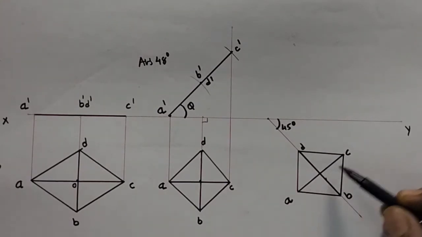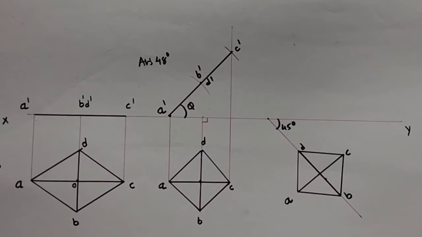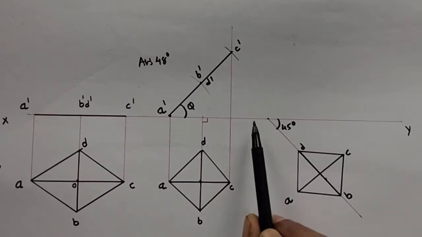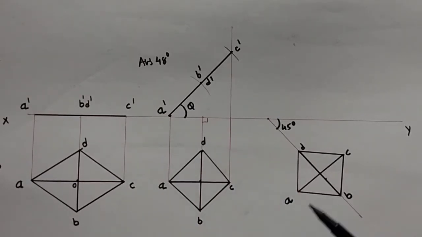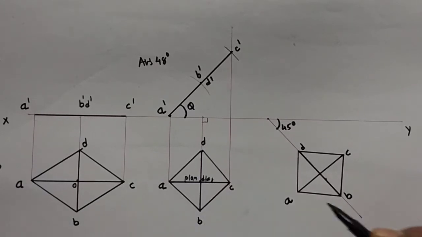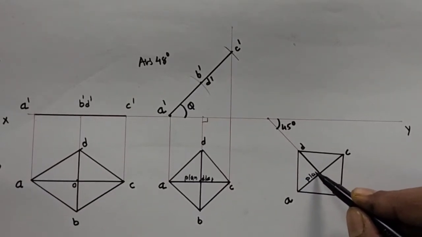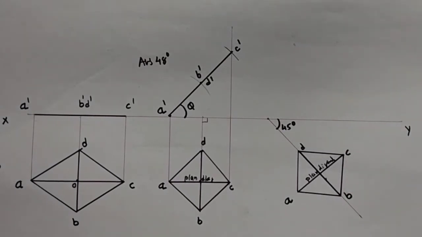Your plan diagonal AC is also inclined to VP 45 degree. So these statements are the same. Either the problem says your body diagonal BD is inclined to VP 45 degree, or it says the plan diagonal is inclined to VP 45 degree.